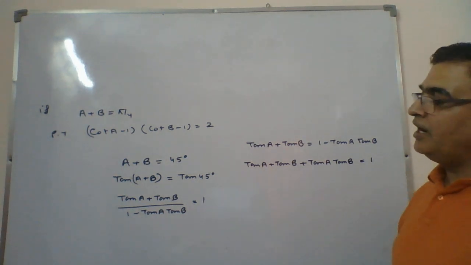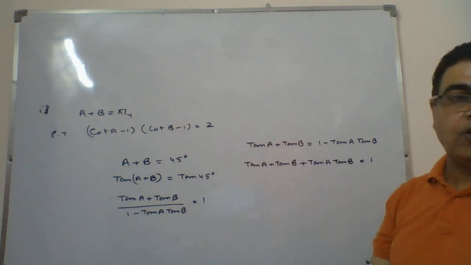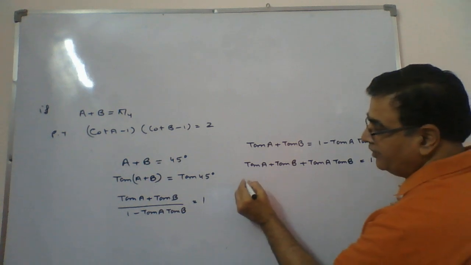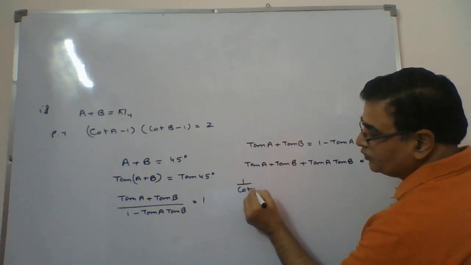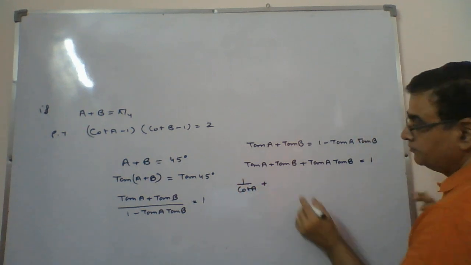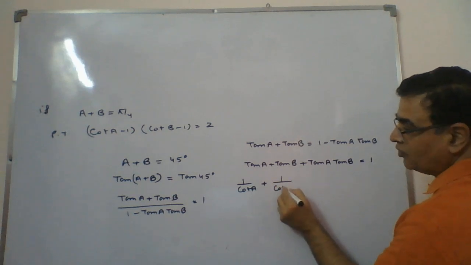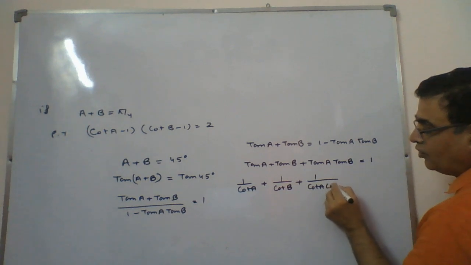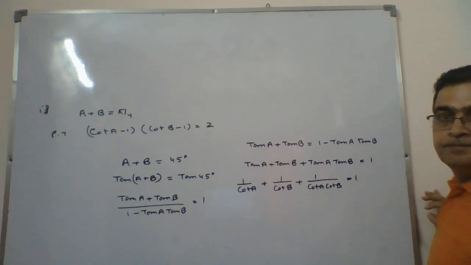But the only thing we should do now is convert all the terms into cot. So we know that tan can go into cot. We can write this as 1 plus cot A. This will be 1 plus cot B. This will be 1 plus cot A cot B is 1.